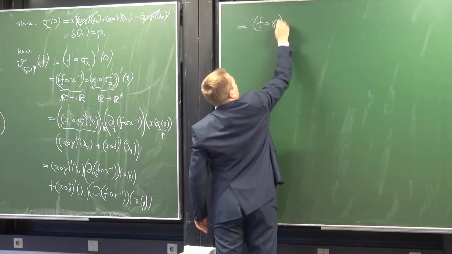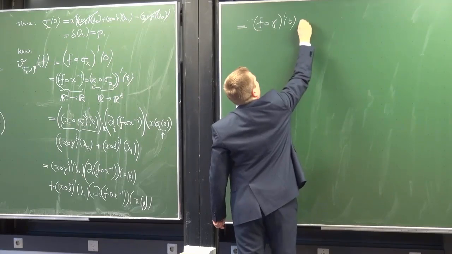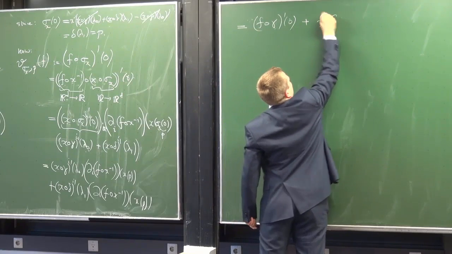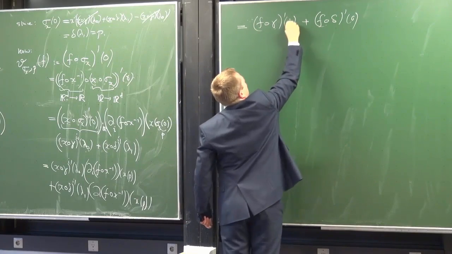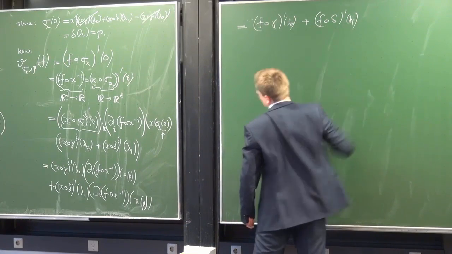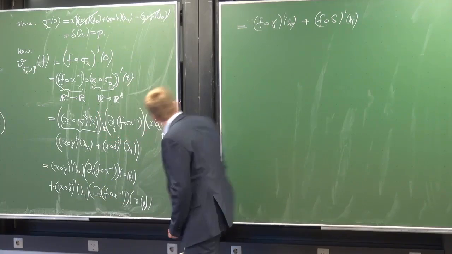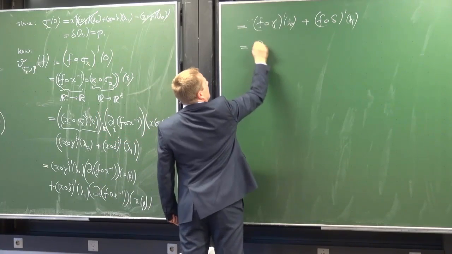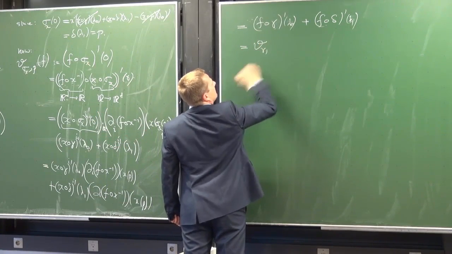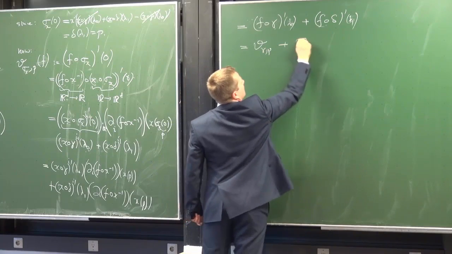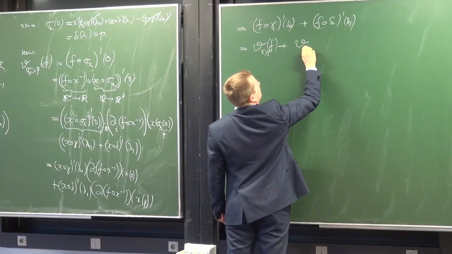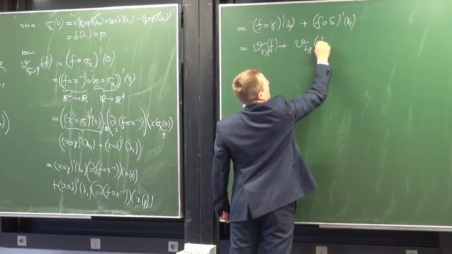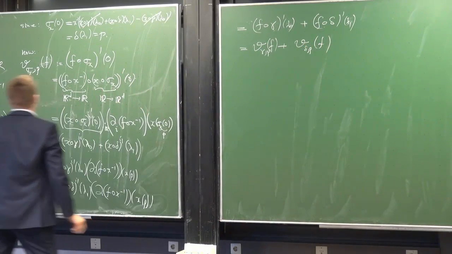This is f after gamma prime at lambda 0 plus f after delta prime at lambda 1, right? These are the evaluation points here. And that's of course nothing but the velocity of gamma at p acting on f plus the velocity of delta at p after acting on f.